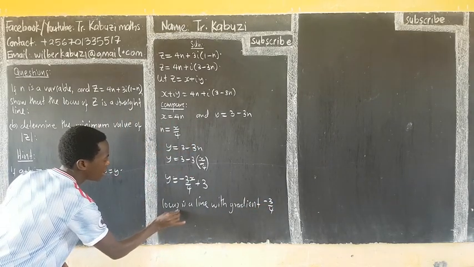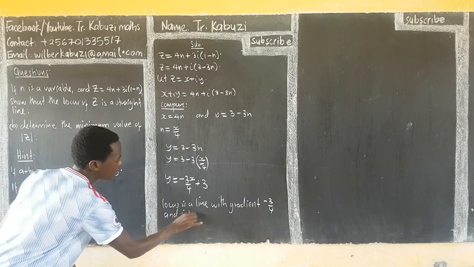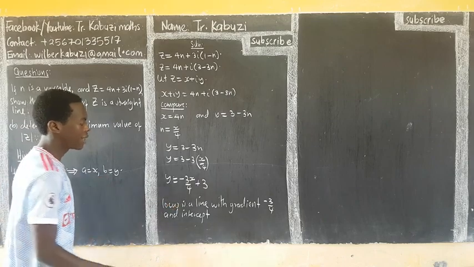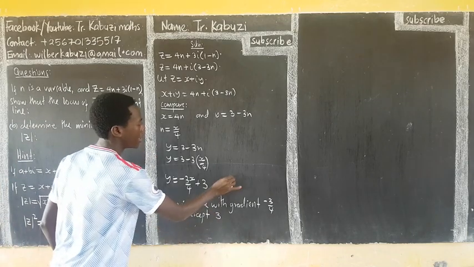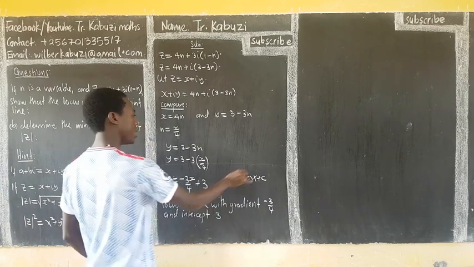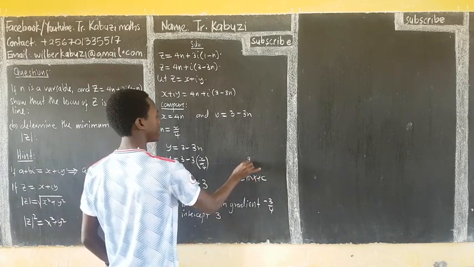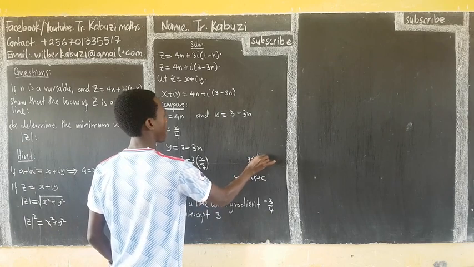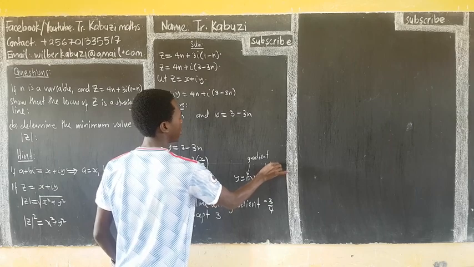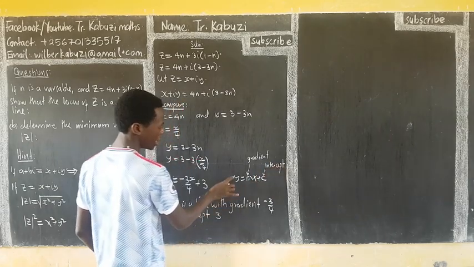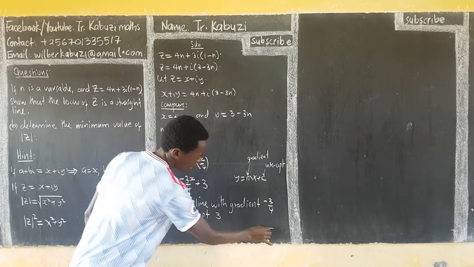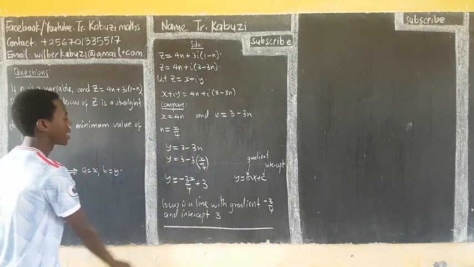And this is the intercept, 3, from y equal to mx plus c. This one is always our gradient, and this one is always our intercept, on condition that this coefficient is 1. So that's how we describe that, and you get your marks from there.